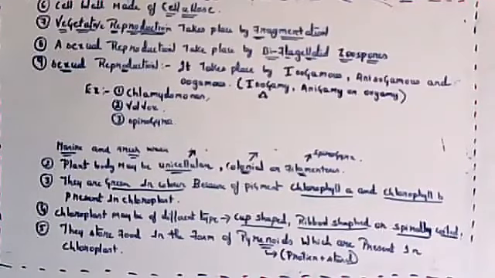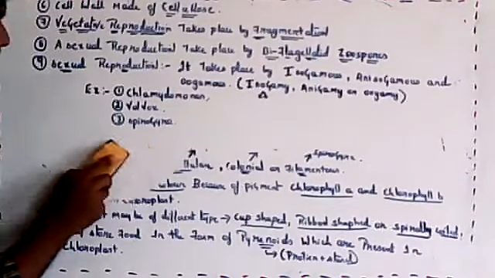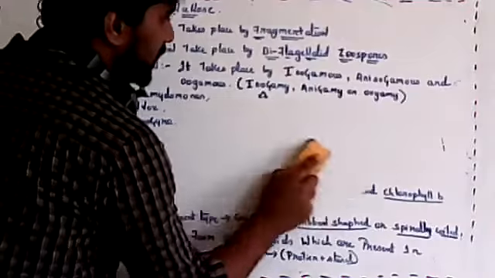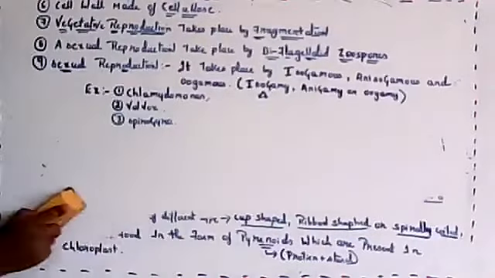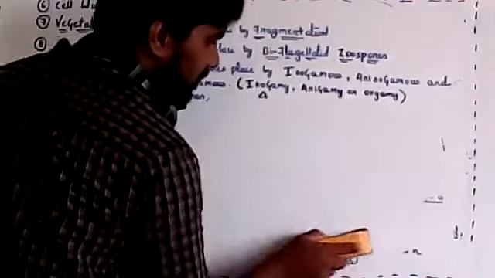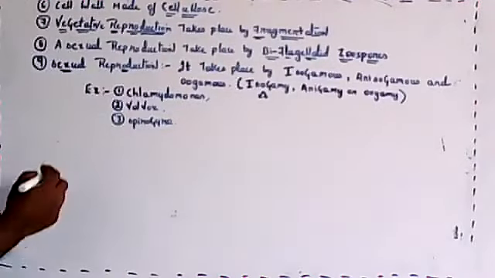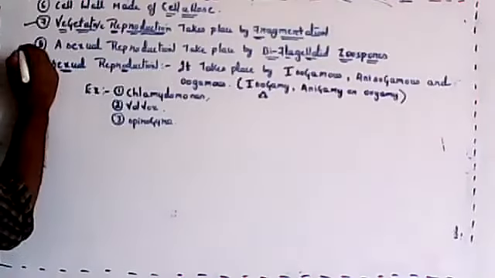So vegetative reproduction is by fragmentation, where a part of the plant comes out and gives rise to a new organism. In asexual reproduction there is no fusion of gametes.